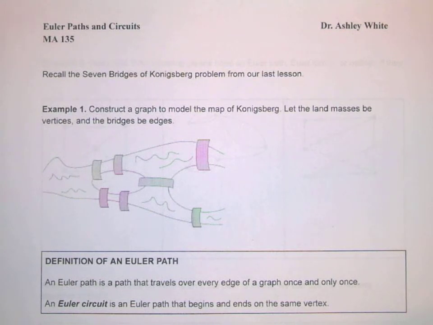Hi everyone, today we're talking about Euler paths and Euler circuits. So remember the 7 bridges of Königsberg problem from our last lesson.